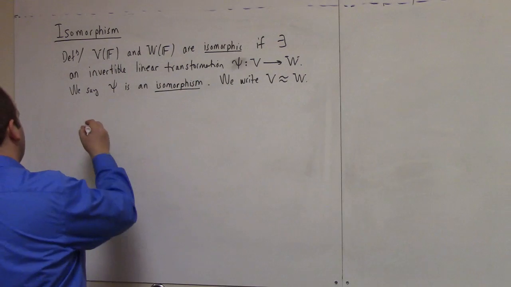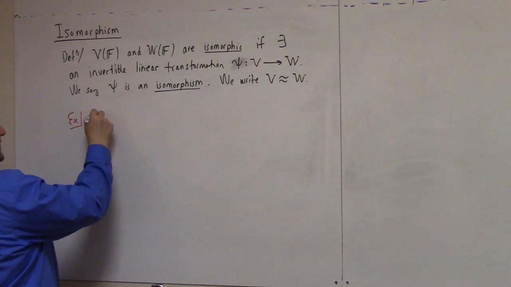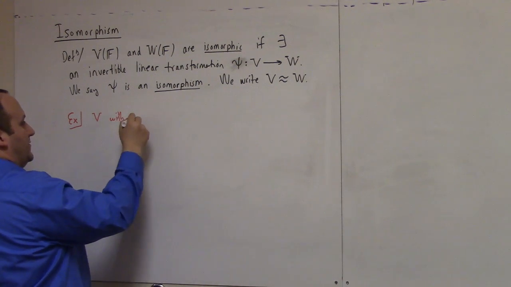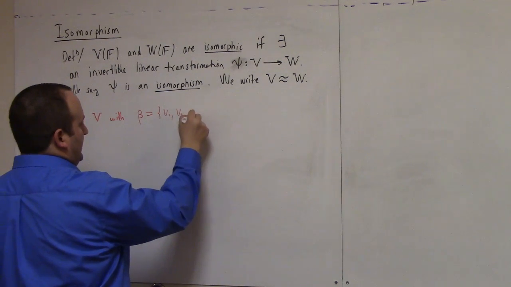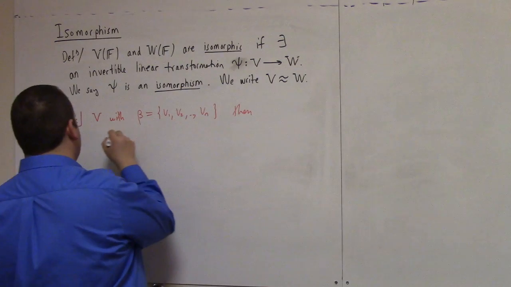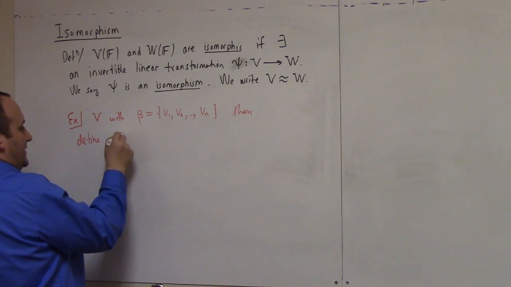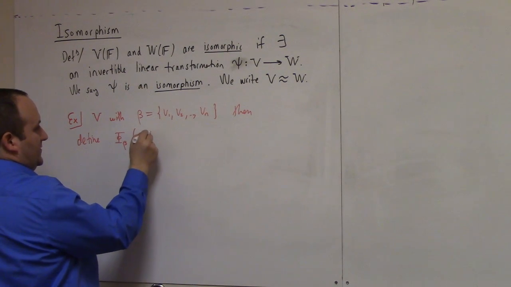The first and probably most important example is this: if you have a vector space V over the field F with basis beta equal to v1, v2, up to vn, then you can define phi beta as follows.